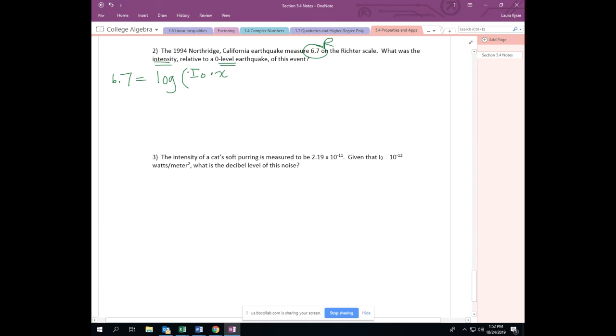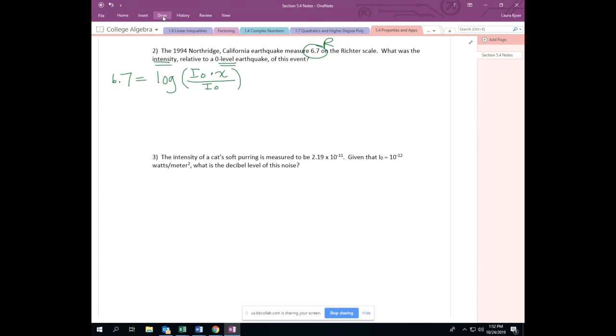The intensity would be the 0 level times whatever this would be, would give us our new intensity. And it's over I sub 0. So we kind of had to redefine I based on this little tiny bit of information.